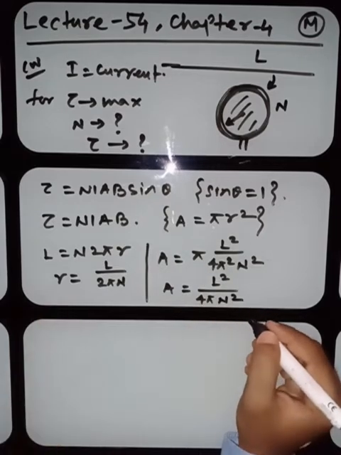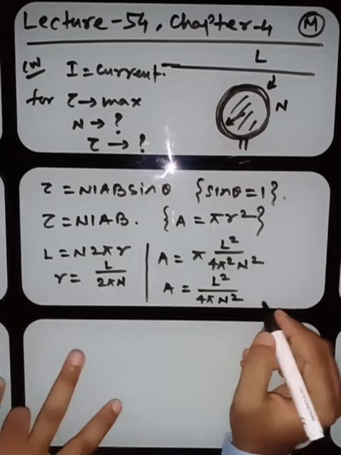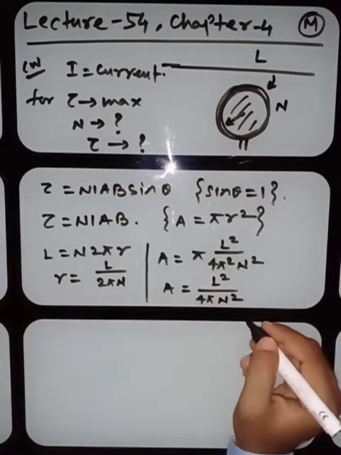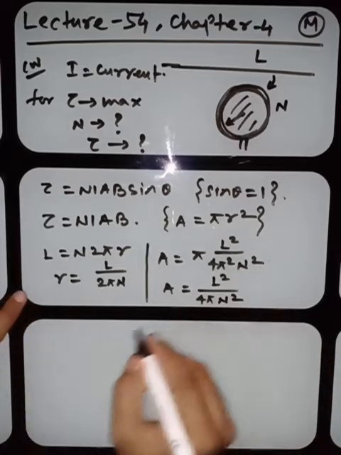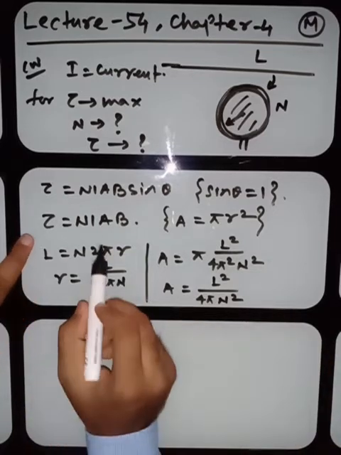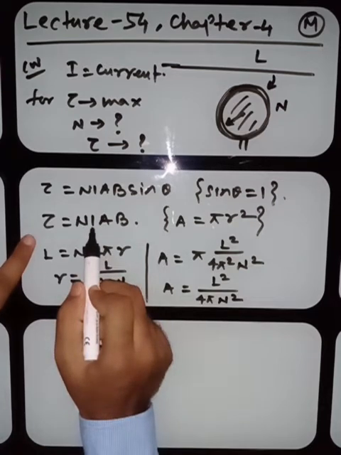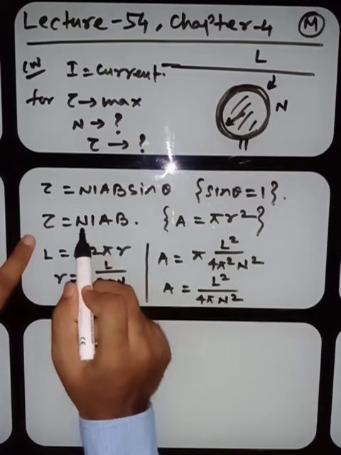Am I correct? Yes. Be careful while solving any question, my student. Now we got the area. We have the current, we have the magnetic field, and we have to find the number of turns.